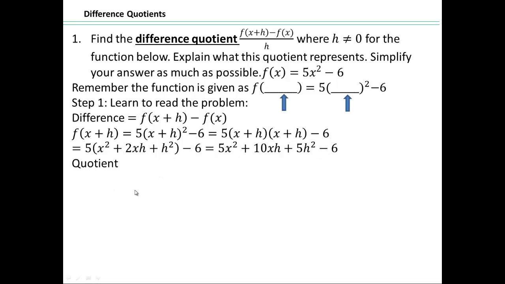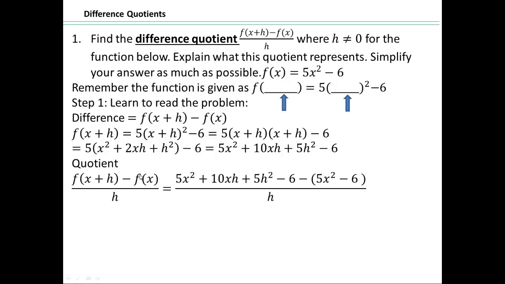Your quotient then, which is f of x plus h minus f of x over h, will be all of this quantity that you just found minus f of x. And f of x was this right here. All right, so now it's just an algebraic problem. Remember, difference quotient just means find the difference, which is the numerator, and divide it by h. And then just simplify.